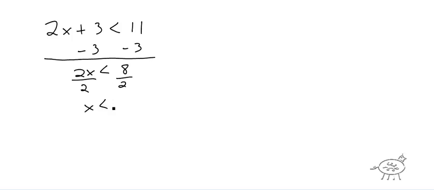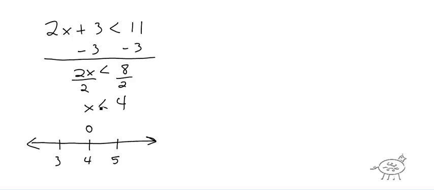X is less than 4. So notice the variable's on the left hand side. I can graph it now. There's 4, 3, and 5. It's an open dot, and just as the inequality points, it's going to point to the left. And that's the answer to that.